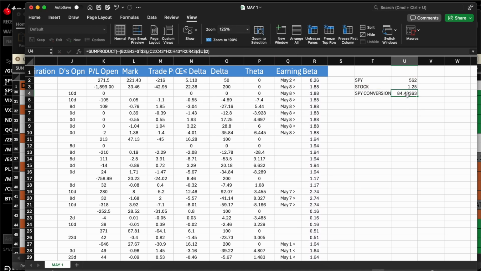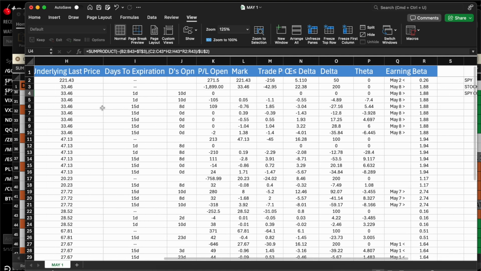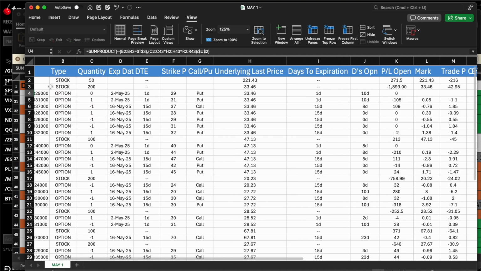So what this formula is doing is I'm hunting for stock in column B. Note that this double negative converts this into a true or false statement. If it's true, I'm going to get 1. If it's false, I'm going to get 0.